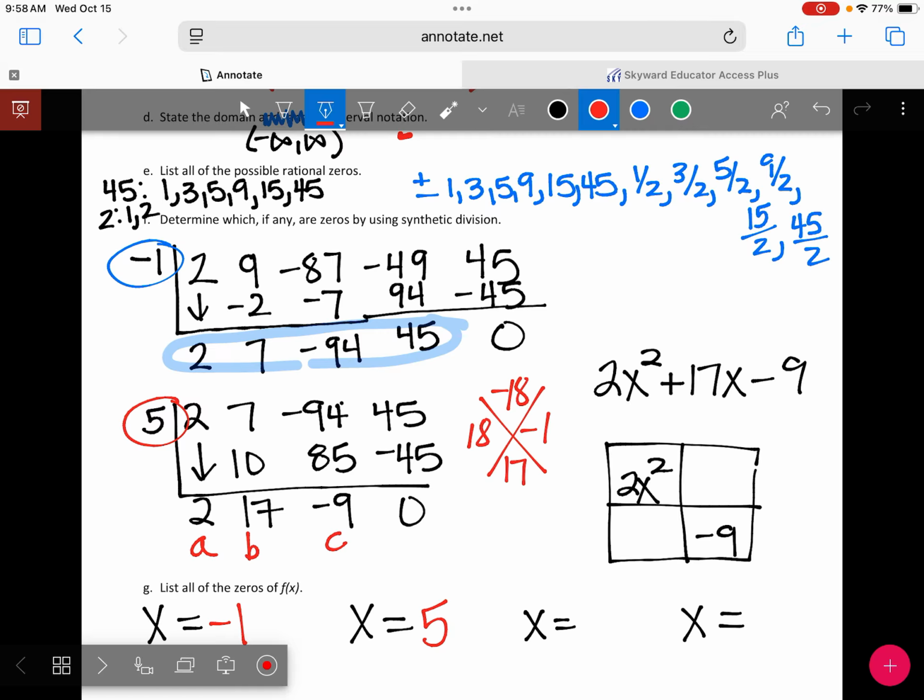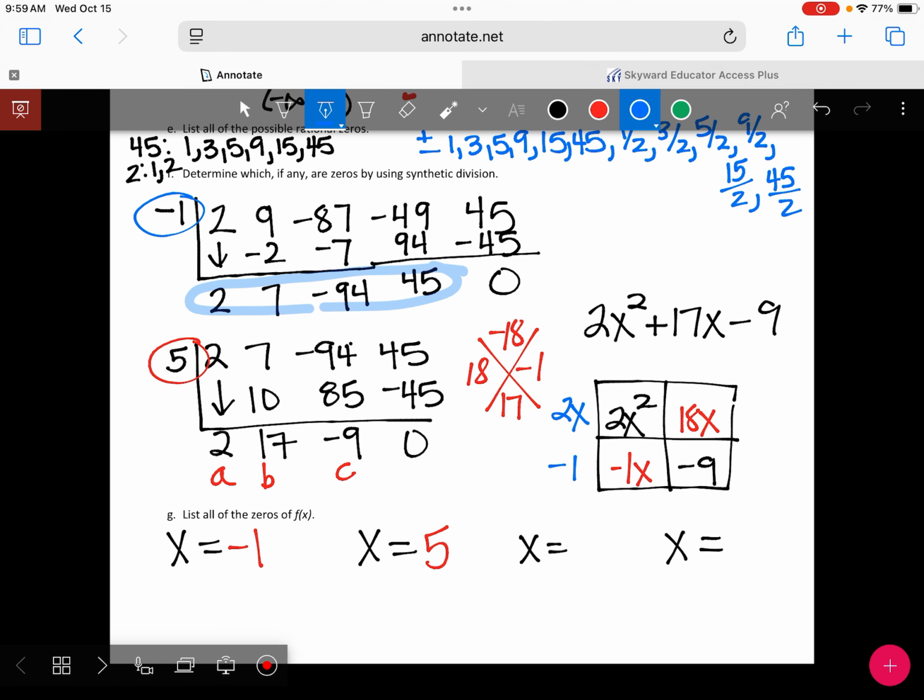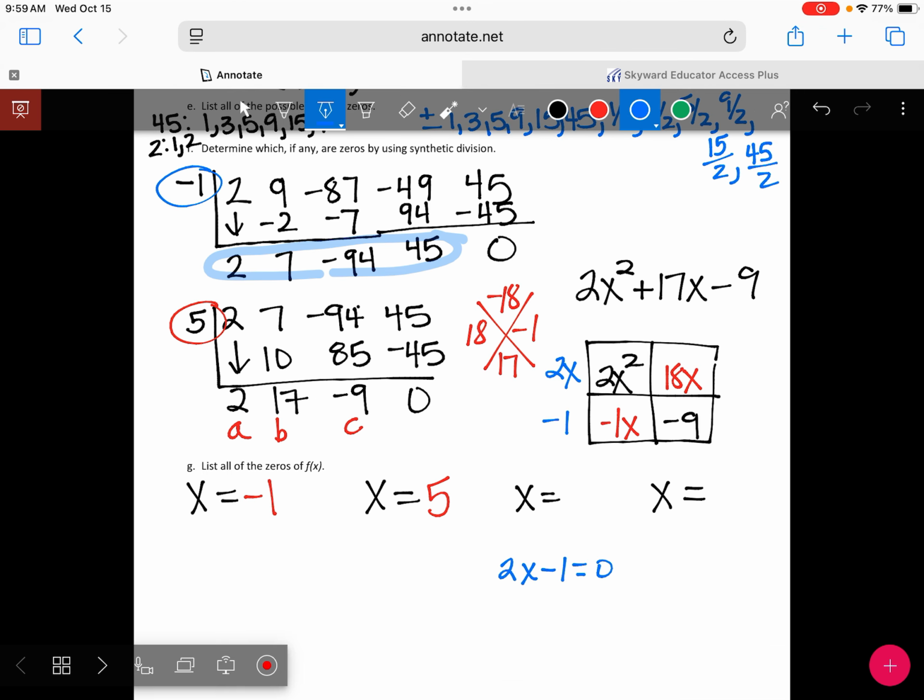It's 18 and negative 1, so I have 18x and negative 1x. When I take out my GCFs, I have a 2x and a minus 1. So I'm going to go ahead and set that equal to 0 down here because I'm running out of space. When I do that, I get x equals 1/2. So that's my third solution.